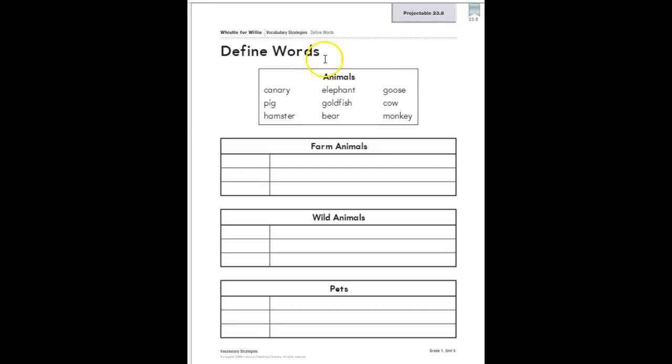Let's look at the words in the word bank here. Let's read them. Canary, pig, hamster, elephant, goldfish, bear, goose, cow, monkey. Now here we have 3 headings. If you could make a chart on a piece of paper, you can make the categories vertical, or you can do them horizontal like they are on this page.